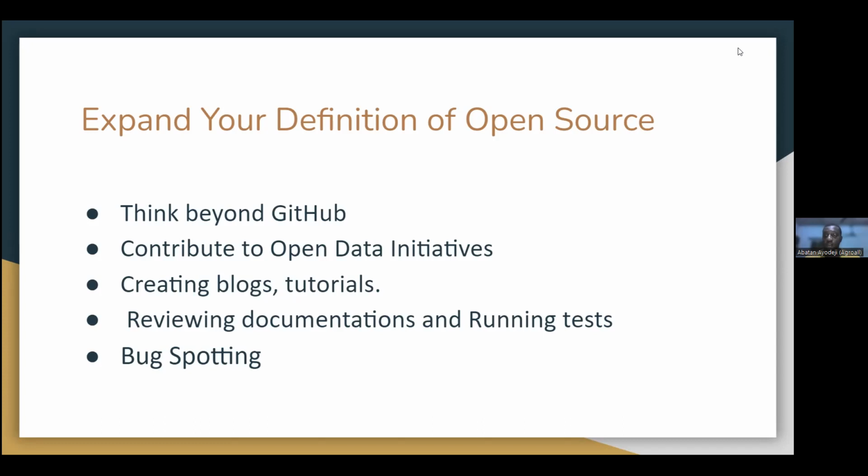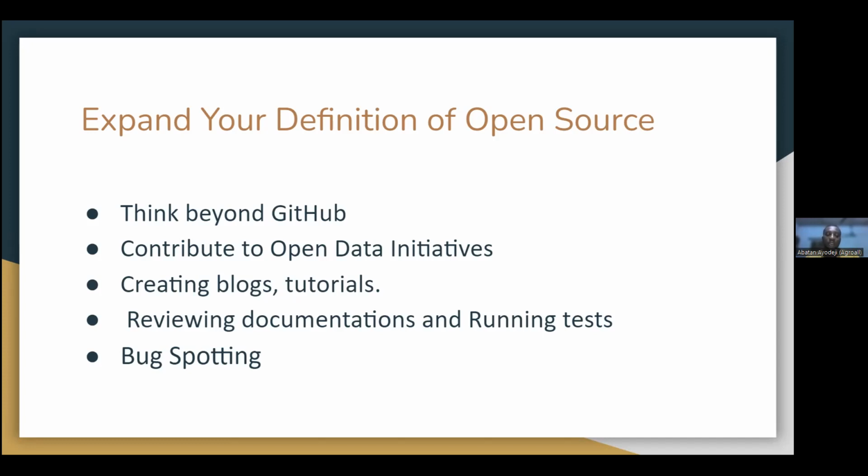You won't really find a lot of projects that lean into the data science aspects of tech. And so you have to think beyond GitHub, Bitbucket, GitLab, and other software like that that help facilitate what traditional open source is like.